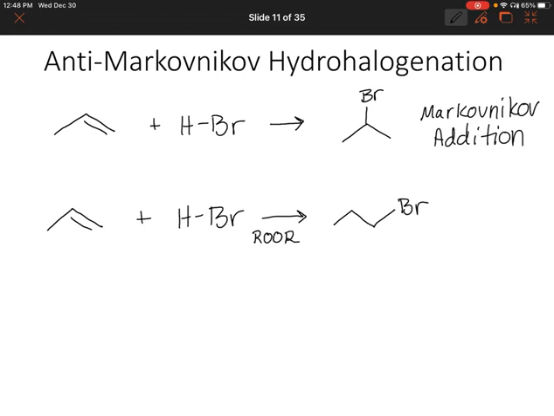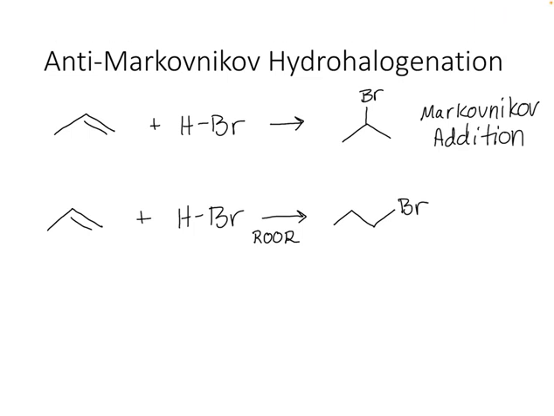So a peroxide has two oxygens in the middle. So for instance, we've talked about hydrogen peroxide before. And hydrogen peroxide is what we use to clean cuts and scrapes. It's also used in things like mouthwash as a whitening agent. So it's an oxidizing agent.